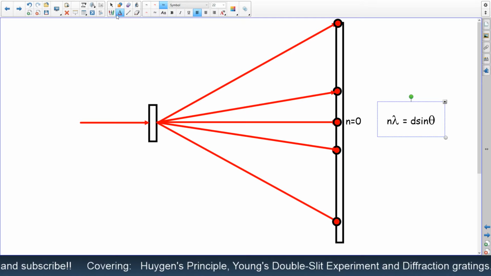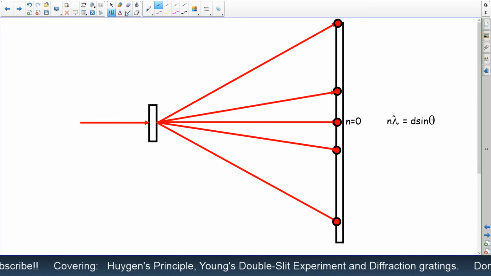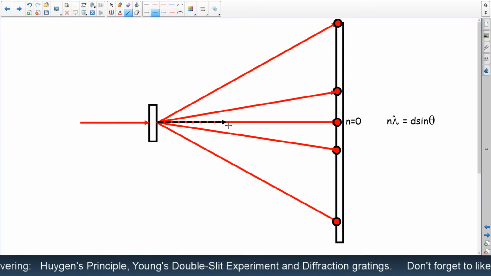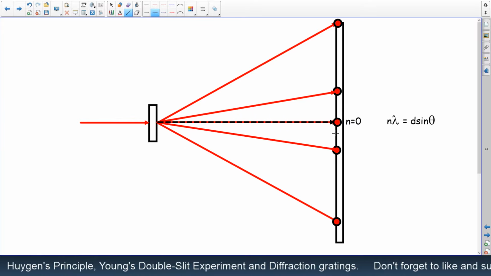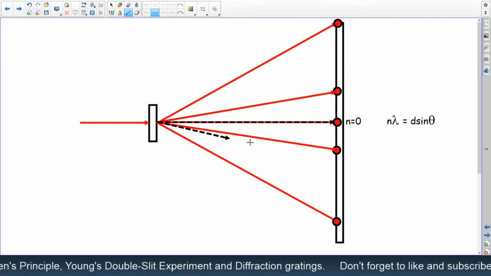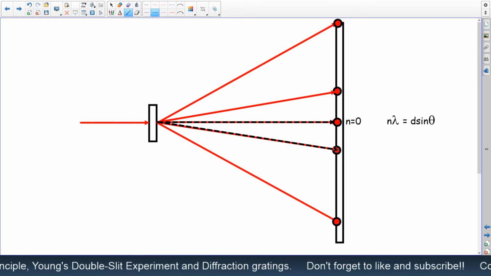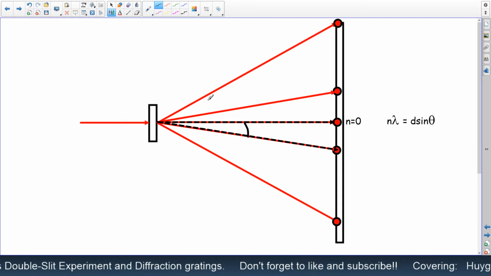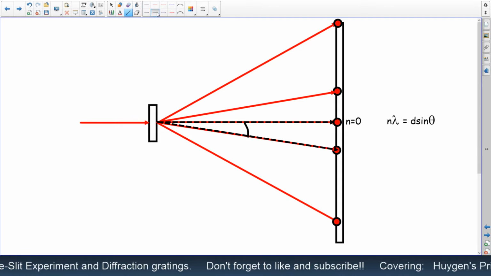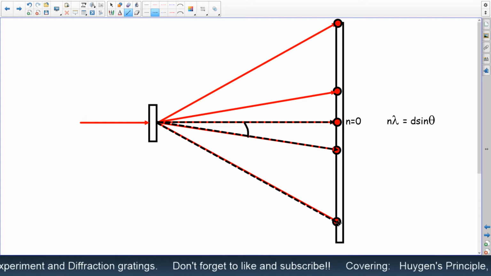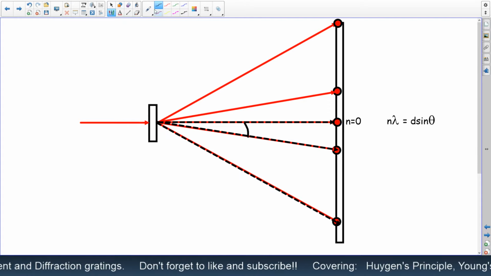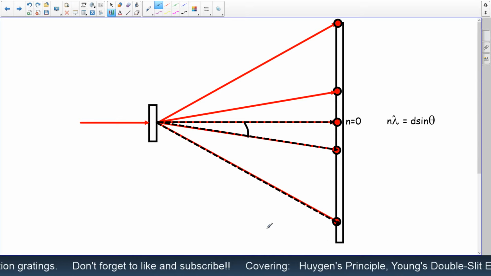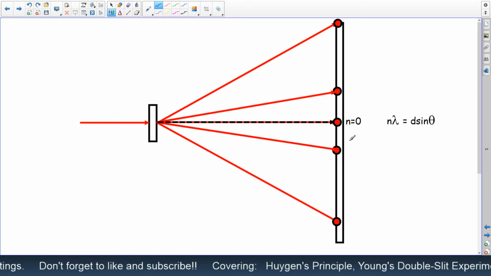And the angle theta is the angle between this central line, mark that in as a central line, and wherever your little maximum appears. So for this one out here, this angle will be theta. If we're looking at this one all the way at the bottom, then this big angle will be theta. But for the first one, theta equals 0.